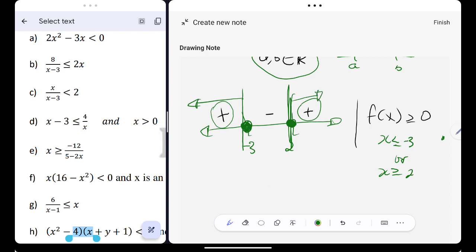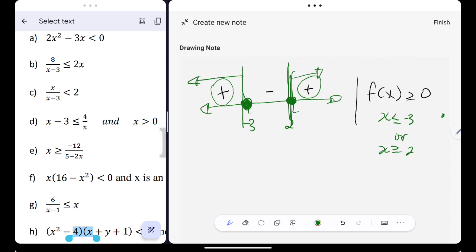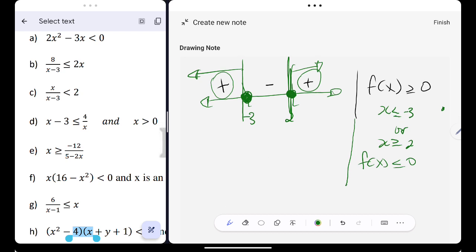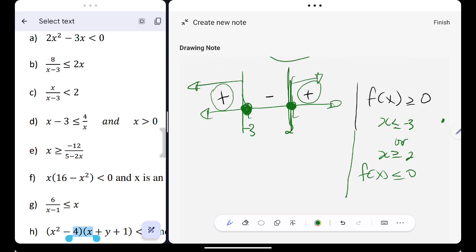So for another one, you'll say X is greater or equal to 2. Are you together? And then another question can be asked, for which values of X is f of X less or equal to 0? Less or equal to 0 means it's negative. Where do you see a negative on your number line? Let me write it in red. That's the only time I can see a negative on my number line.